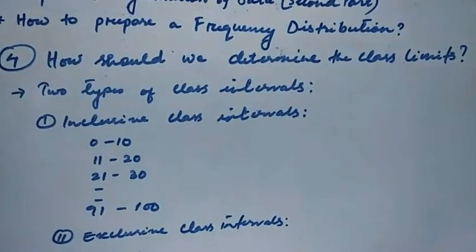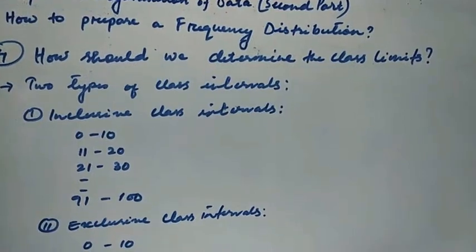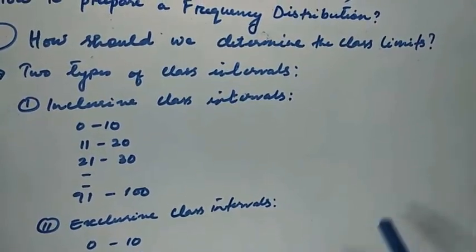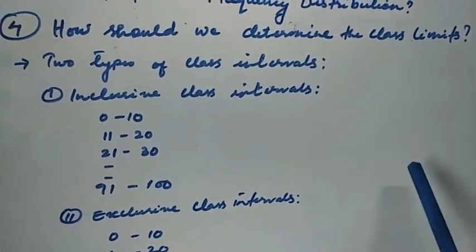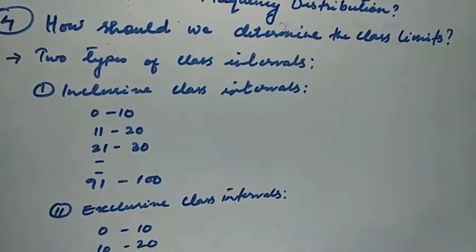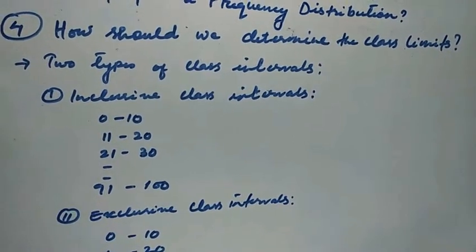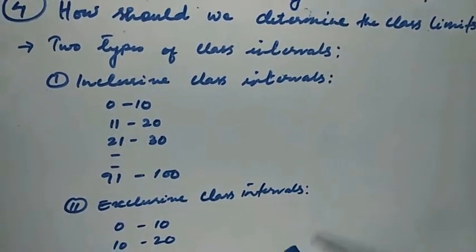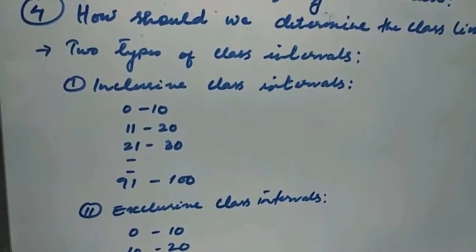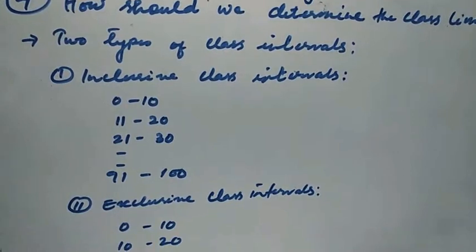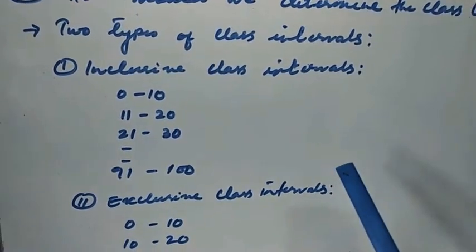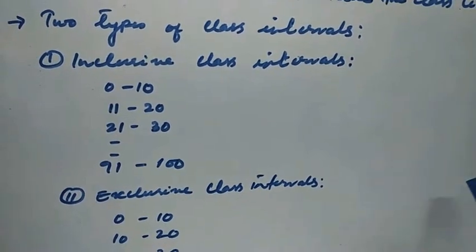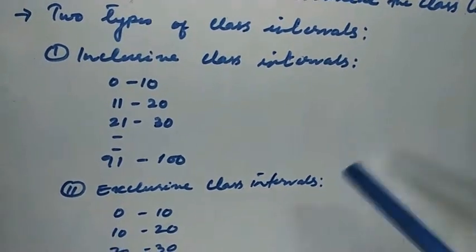So the next question is, how should we determine the class limit? Class limit consists of the lower class limit and the upper class limit. Basically there are two types of class intervals: inclusive class intervals and exclusive class intervals. Class limits should be very definite and clearly stated. Generally, open-ended classes such as 70 and over or less than 10 are not desirable.